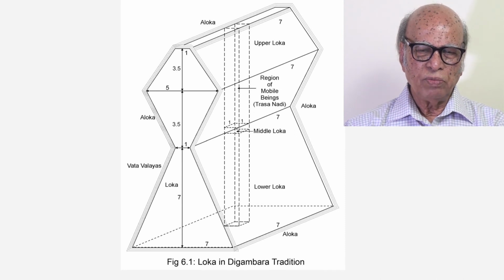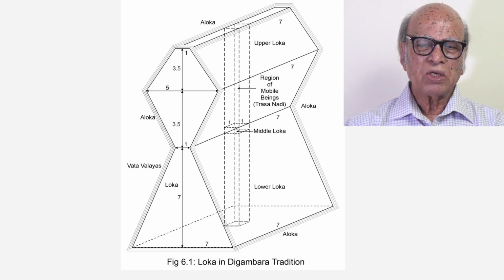So now you imagine the size of the lok, 7 Rajju at the bottom, and 1 at the middle, and the total height being 14 Rajju. And the lateral dimension is also 7 Rajju, as you see in the figure. And so you get a three-dimensional picture.